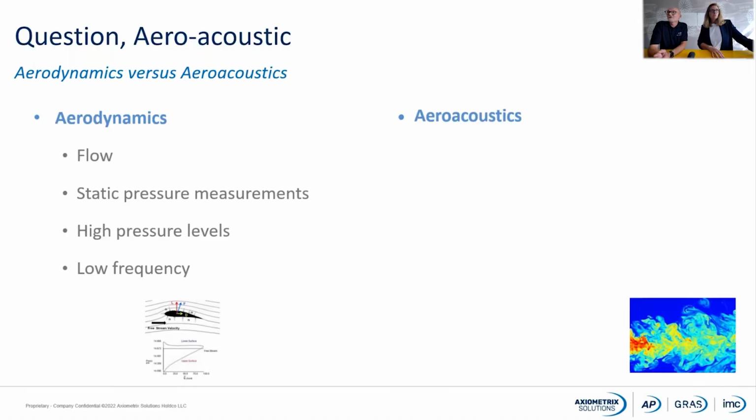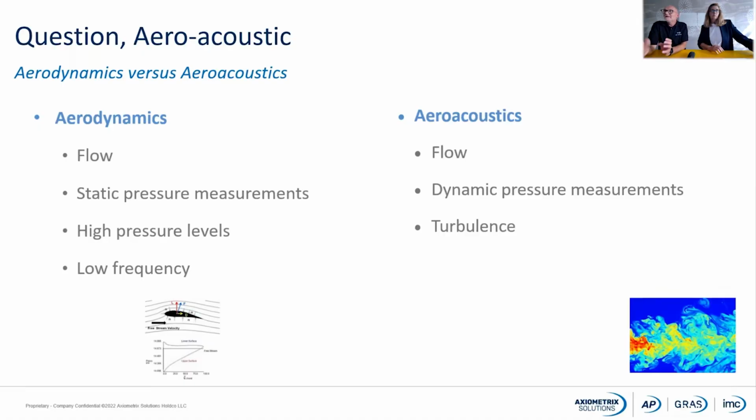If we look at aeroacoustics, then again it's a flow measurement we're doing. It's not a static pressure measurement, but a dynamic pressure measurement. So here we have one of the differences between aerodynamics and aeroacoustics.